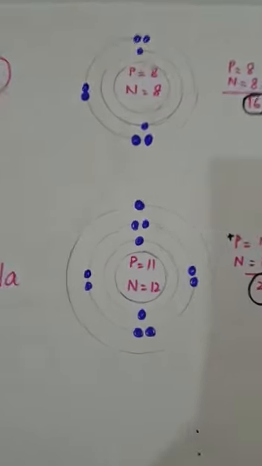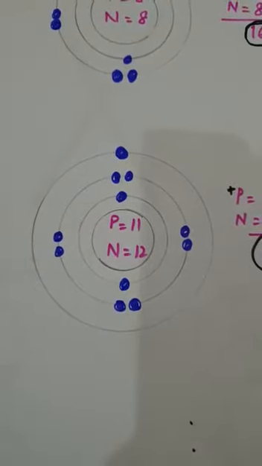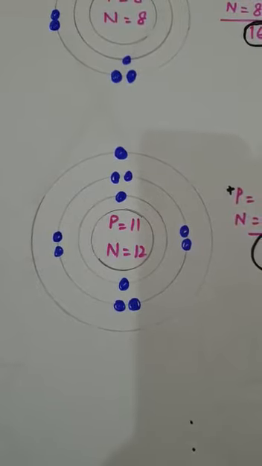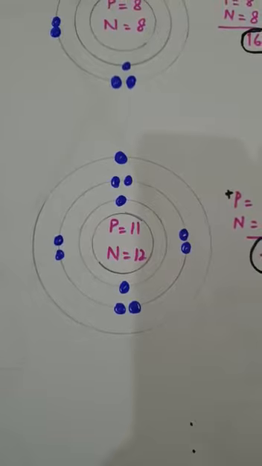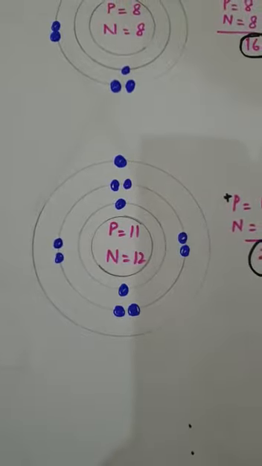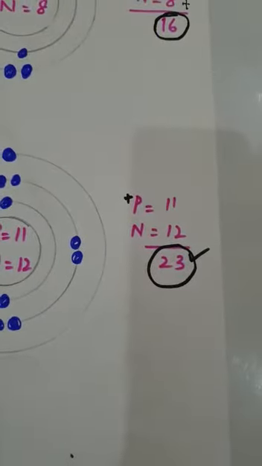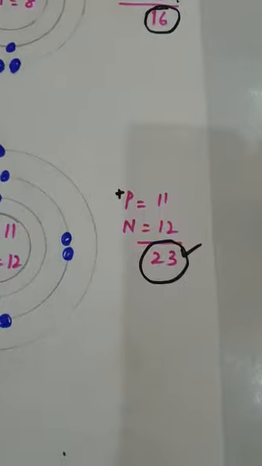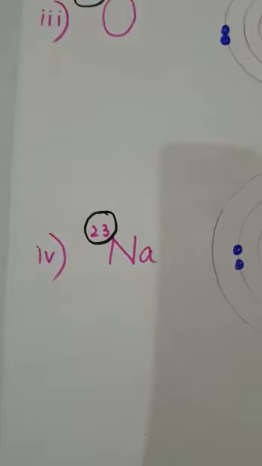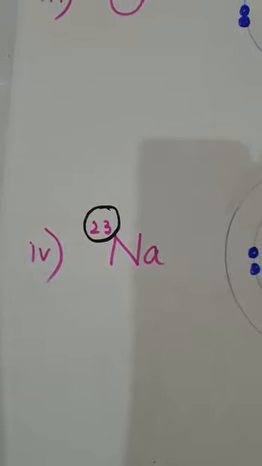After that, we discuss the fourth example, and in this structure the nucleus contains 11 protons and 12 neutrons. When we add 11 with 12, we get 23. That 23 will be the mass number of sodium, and it will be written above the symbol.